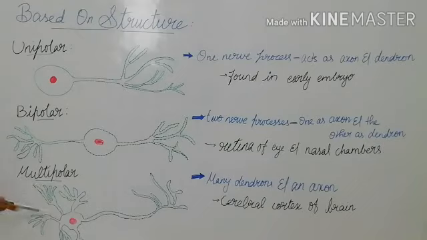In this, from the cyton, many dendrons will appear, and only one axon will be present. These are found in the cerebral cortex of the brain. So these are the types of neuron based on structure.